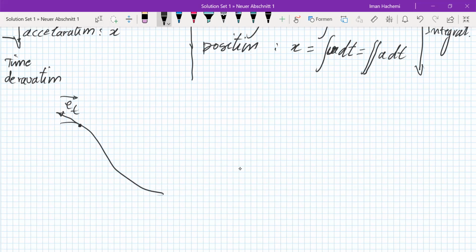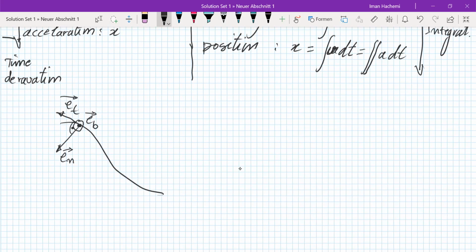Then we have EN, which is normal to ET, that means 90 degrees. And there is EB, which is the binormal vector.